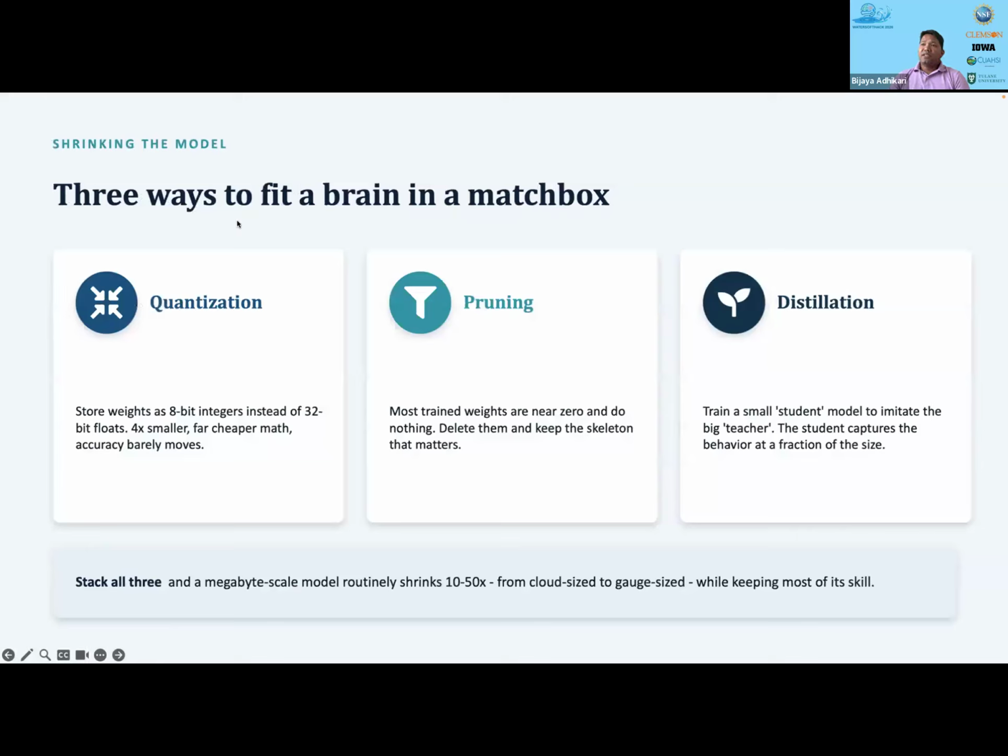Okay, so three ways we can fit large models onto the matchbox-level computing that's present in the edge device, right? Quantization is basically aggregating information into small quantities, small quanta, essentially, right? So instead of storing 32-bit floats, we'll store 8-bit integers, right?